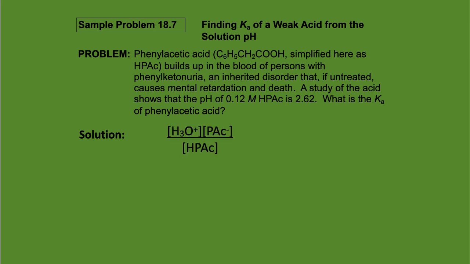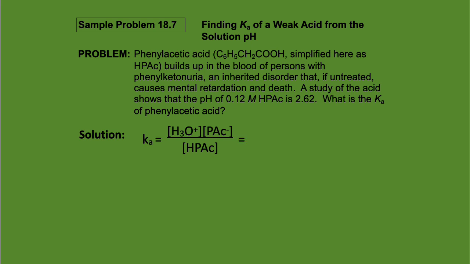Recall that the Ka is equal to the products, the H+ times the phenylacetate ion in solution, over the starting reactant, which is the phenylacetic acid. Notice that water again is not in the denominator because by definition the activity of water in solution is 1, because it's the solvent. That's our definition of the acid equilibrium constant.